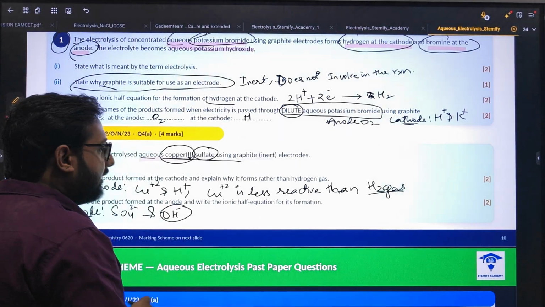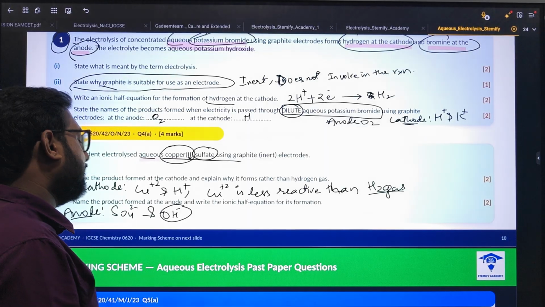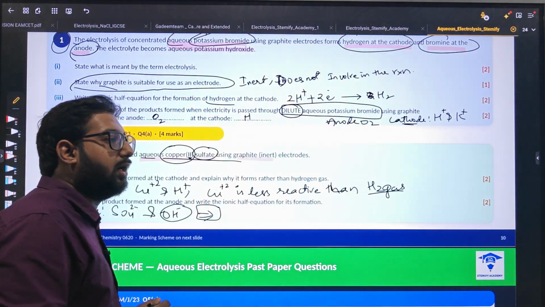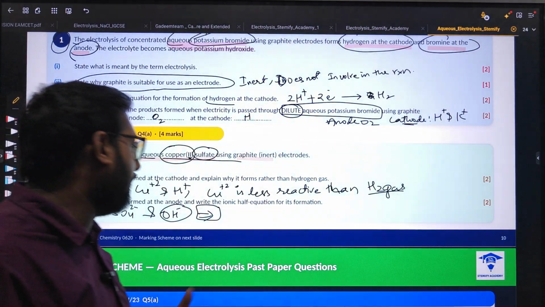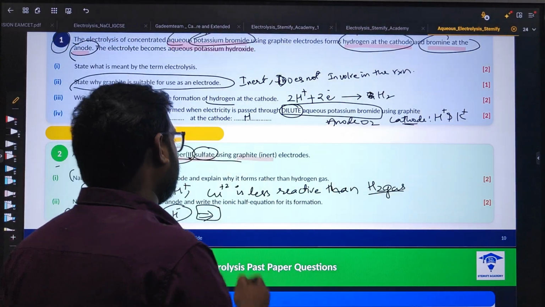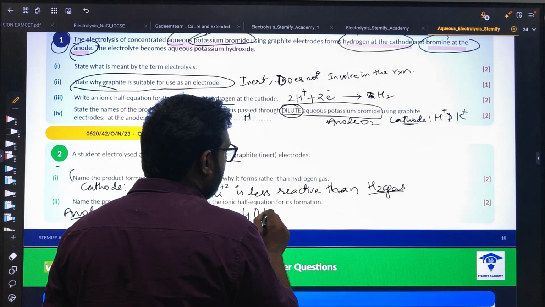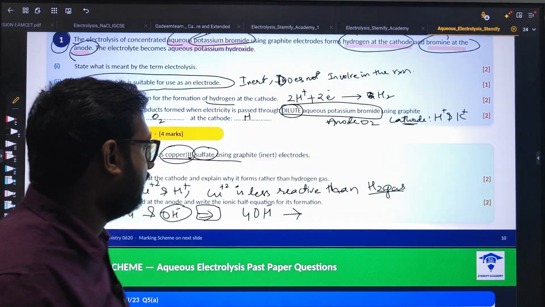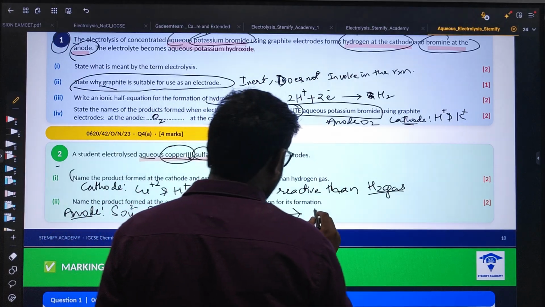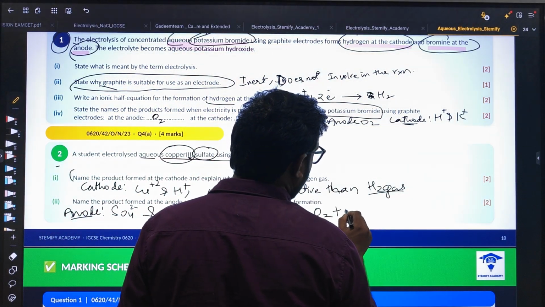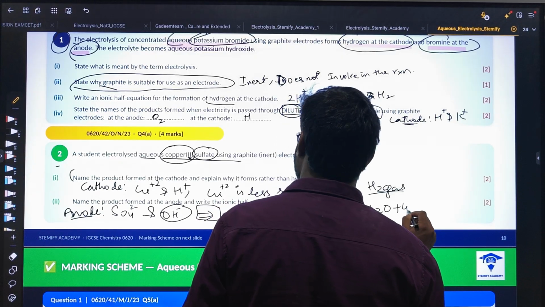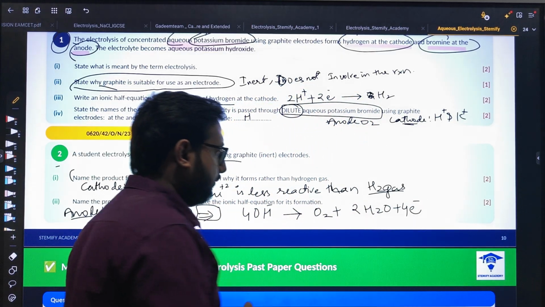So when OH- gets discharged, what is the equation? This is a very important equation. It is a little big compared to the other equations, so you have to remember it. 4OH- gives O2 plus 2H2O plus 4 electrons.